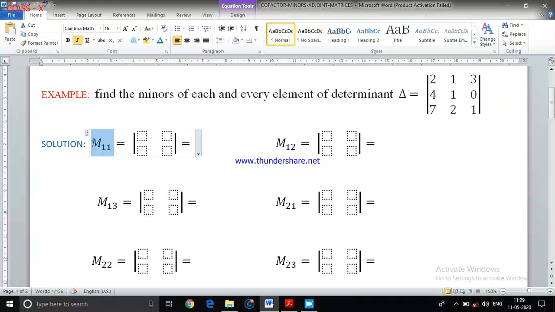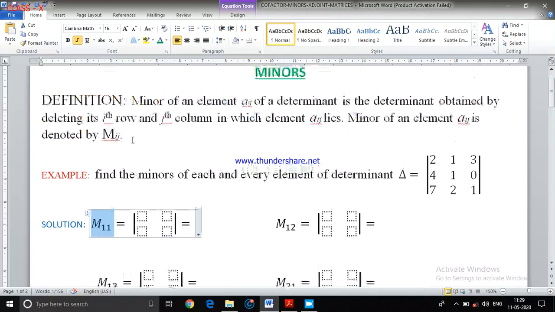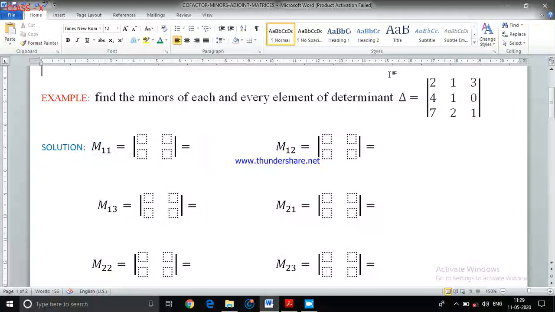So minor of a11 will be represented as M11. That's what the definition says: minor of aij is represented with Mij. So here aij, just the number 2, is the a11 element.